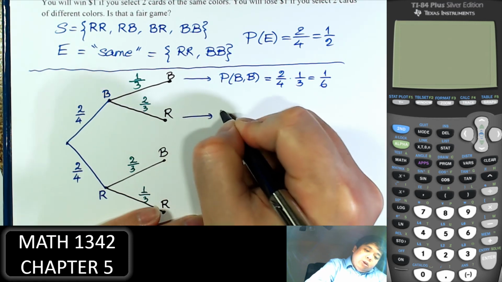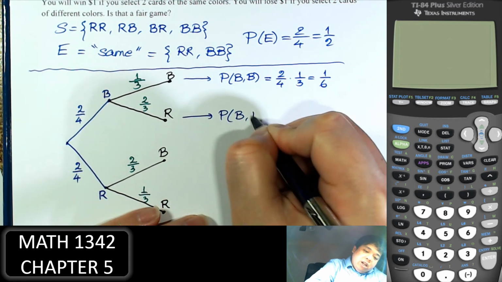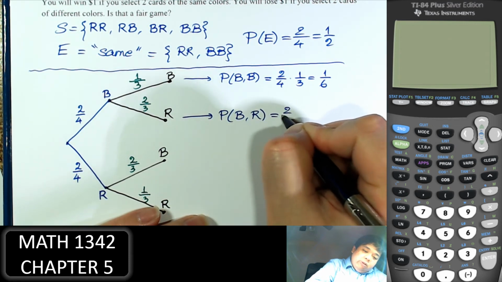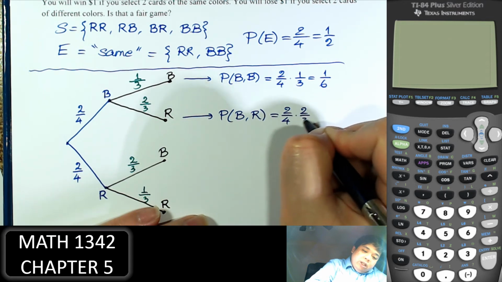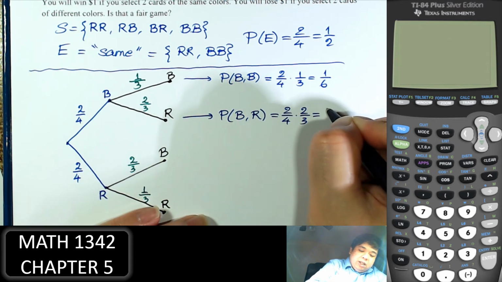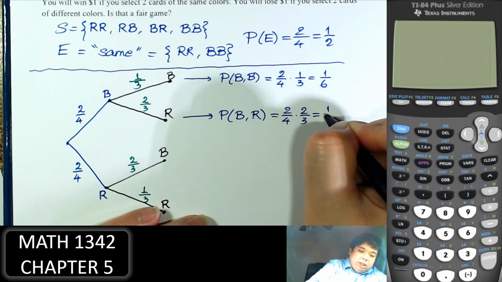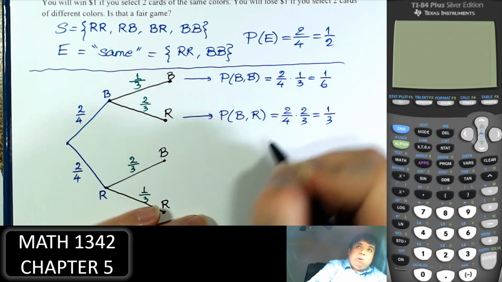Now, the probability that the first one is black and the second one is red: 2 over 4 times 2 over 3. 2 and 2 cancel. That gives us 1 over 3. Right? 4 and 4 cancel.